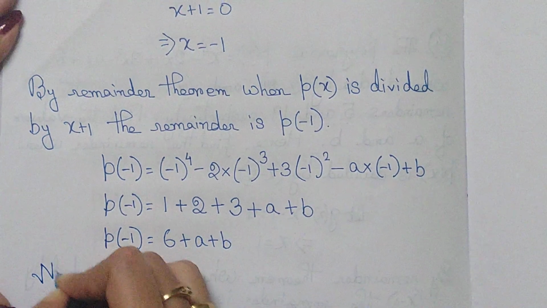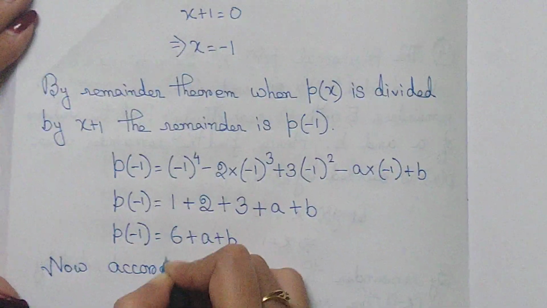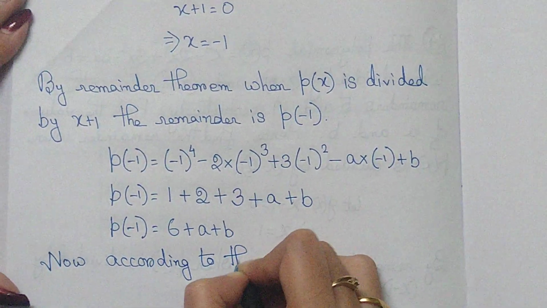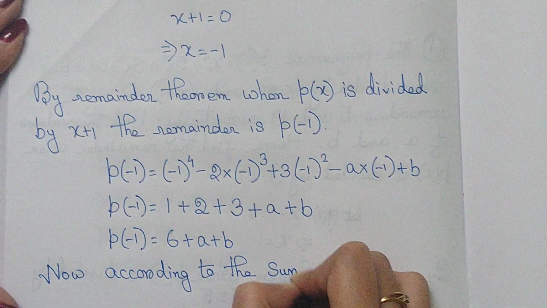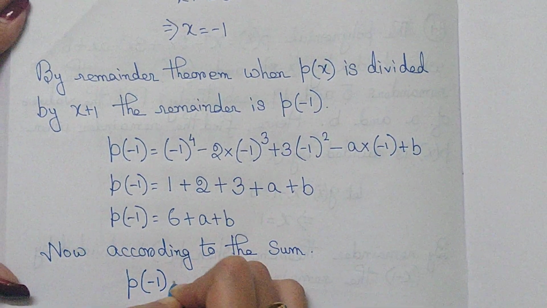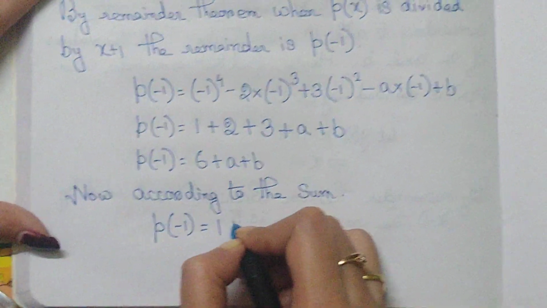Now according to the sum, P(minus 1) equals 19.